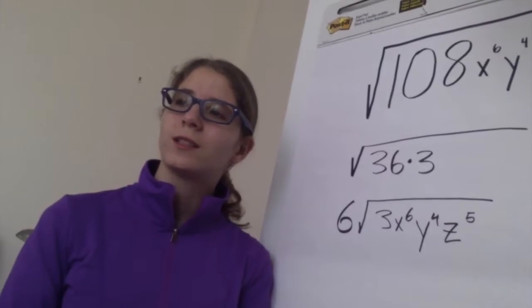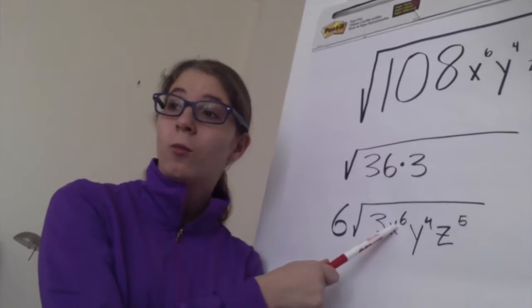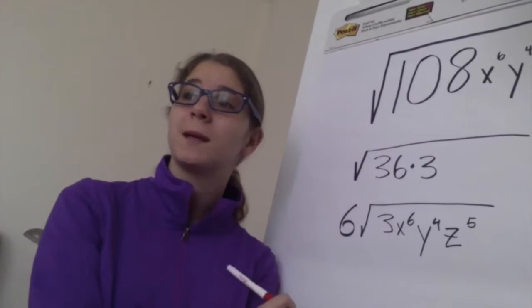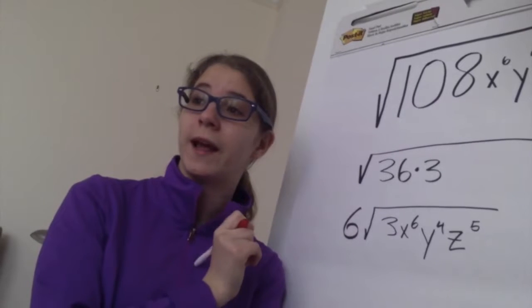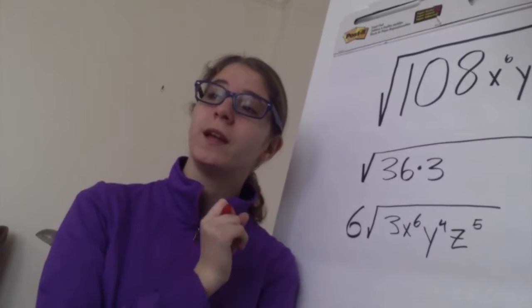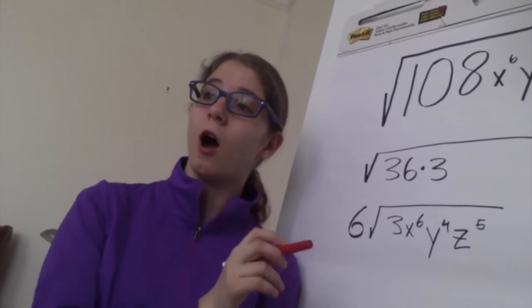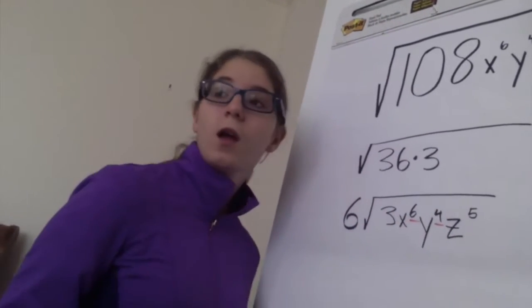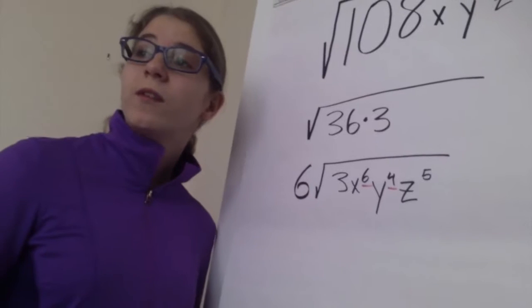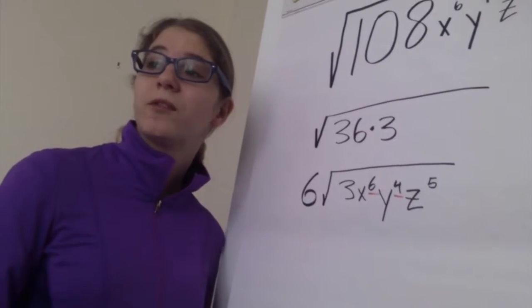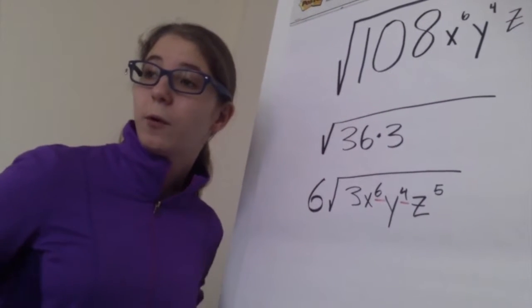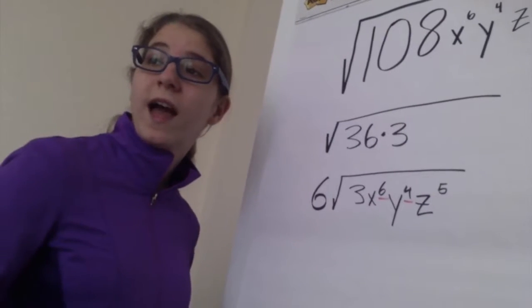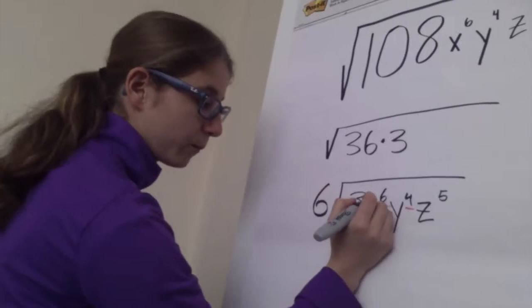Now, let's deal with the variables with the exponents. In order to simplify radicals with variables and exponents, you need to determine if the exponent is even or odd. For even exponents, you divide the exponent by 2 when simplifying the radical. For example, in our problem we have x to the 6th power.